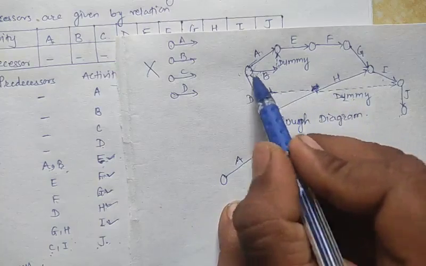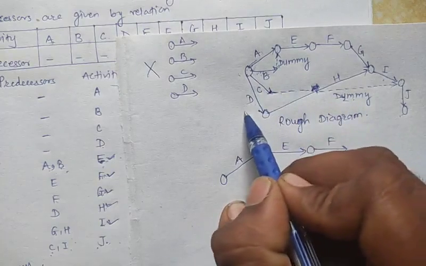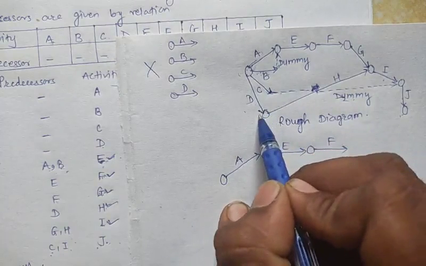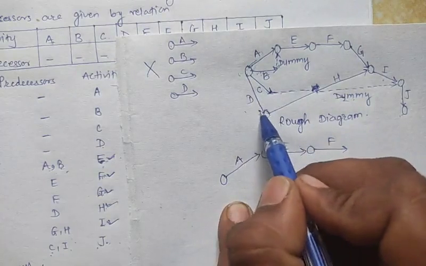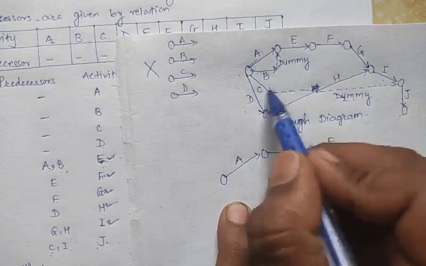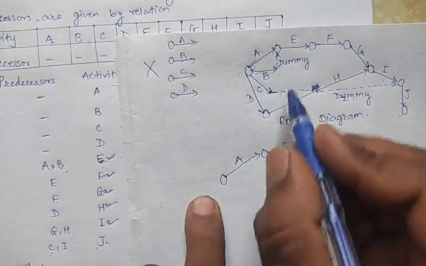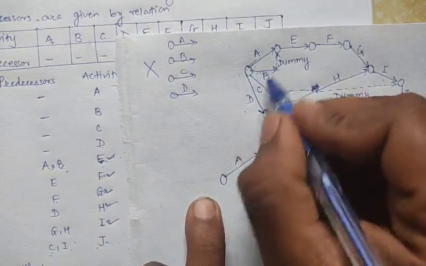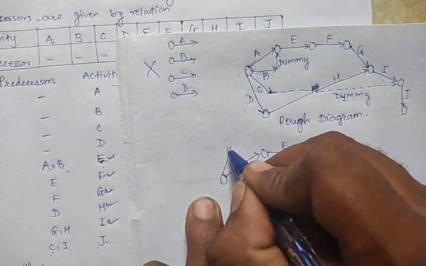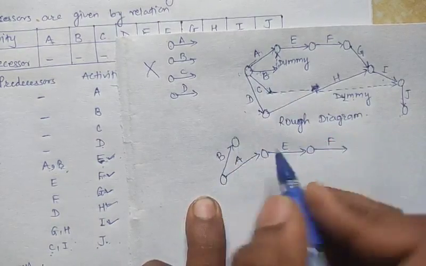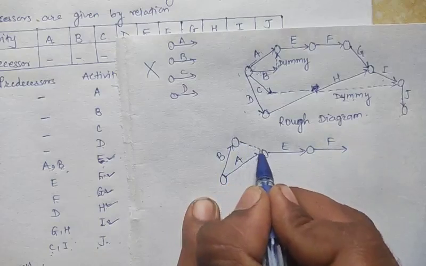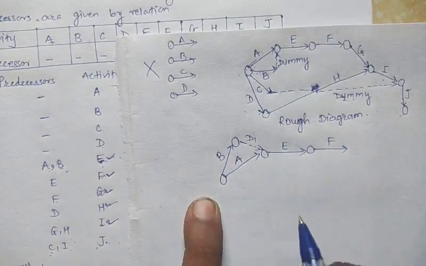So we take this C activity below the D activity and we take this D activity above this C activity. So here I will take this activity as B and there is a dummy activity. This is D1 dummy activity.